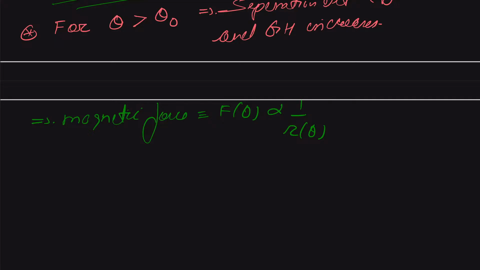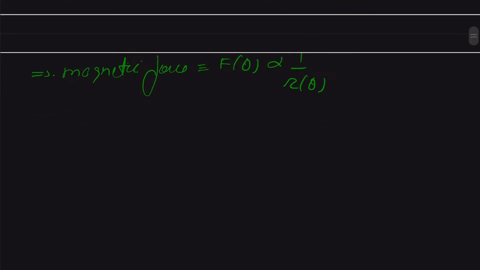Okay, r means the distance between the two. So as theta increases, r of theta is also going to increase, or we can say that F of theta is going to decrease.